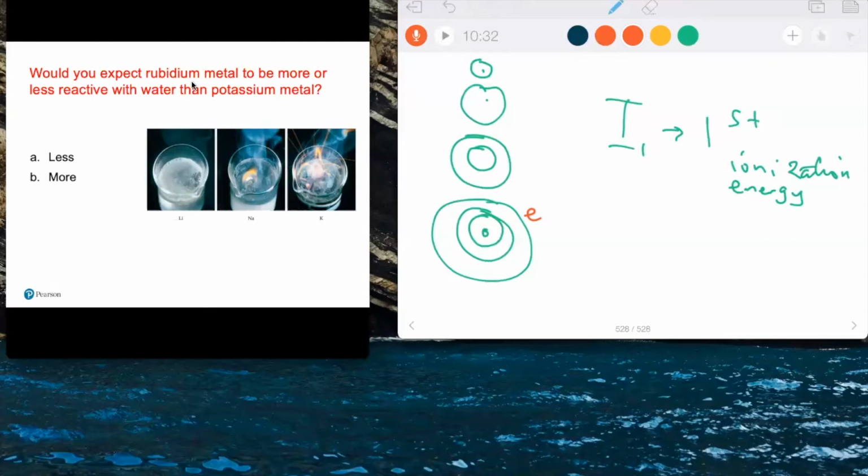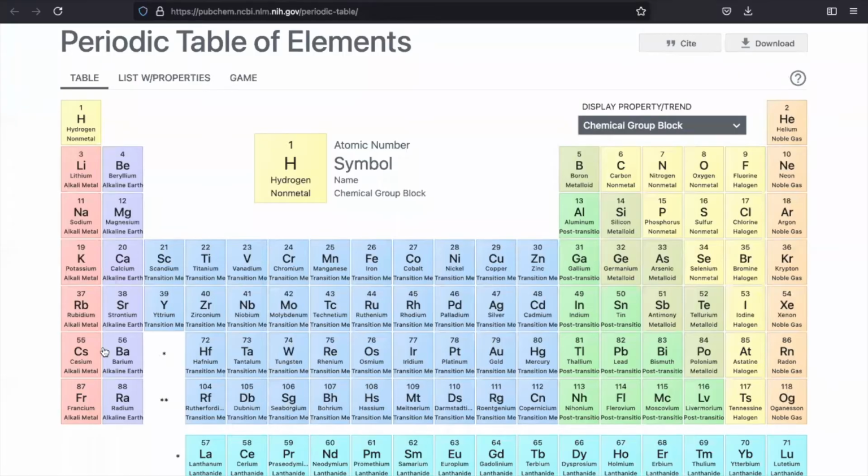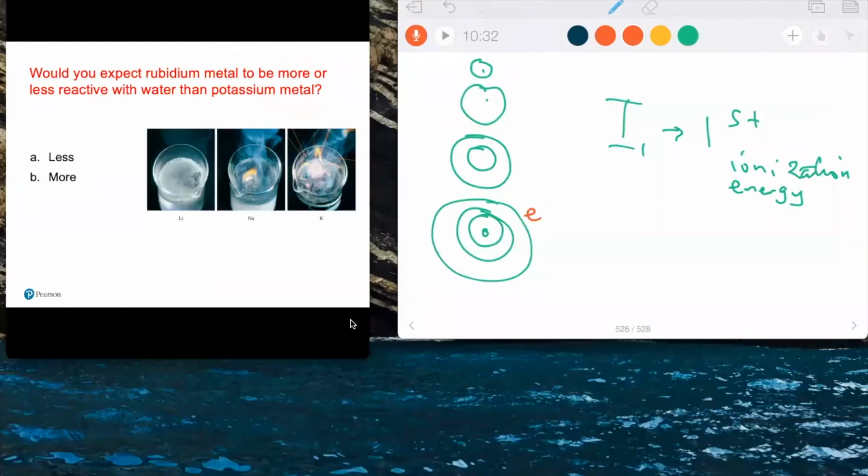You are expected to know the chemical symbol for rubidium. From the periodic table, rubidium is just below potassium, okay? And that means we expect it to be more reactive.